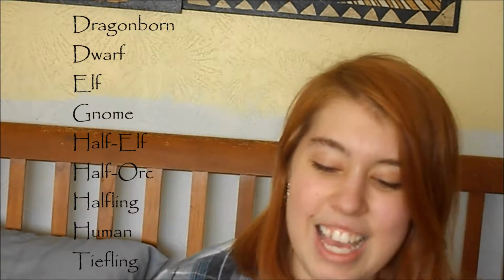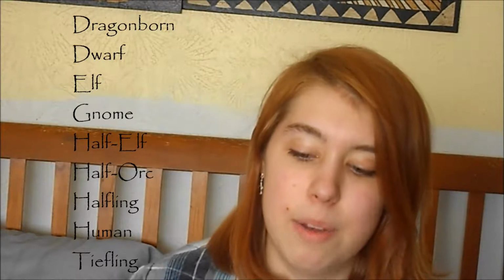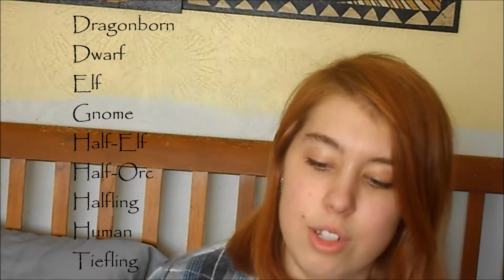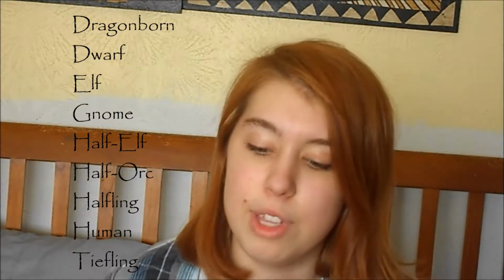Some people see these as pretty basic, but the reason these are so popular is because they work really well. All the races that I just mentioned are super balanced, there aren't any major flaws, and there aren't any major advantages to any of them. So they all work really well with every class and generally every background. They're super versatile, so that's what the races in the books are, and those are the simplest Player's Handbook races.